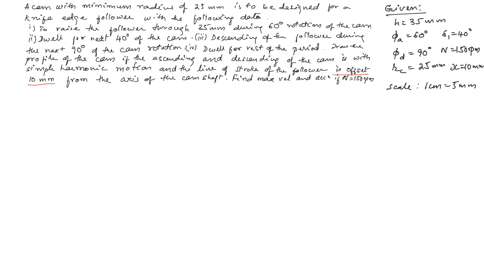First we have to draw the displacement diagram, and of course he has given the speed of the cam, and we have to find the maximum velocity and accelerations during ascent and descent. The speed of the cam is 150 rpm.